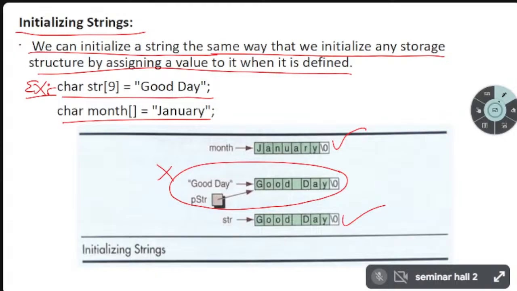To store "have a good day", one two three four, space also counted, five six seven eight, total 8 characters are there. For the null character we need another one, so 8 plus 1 is 9.